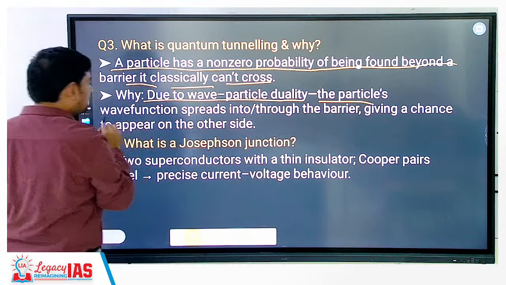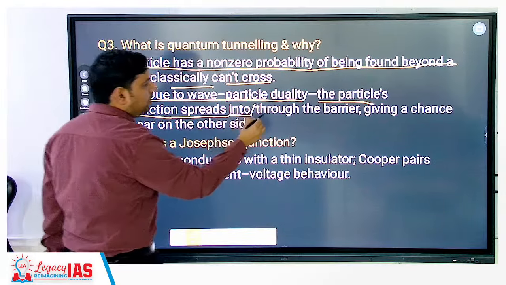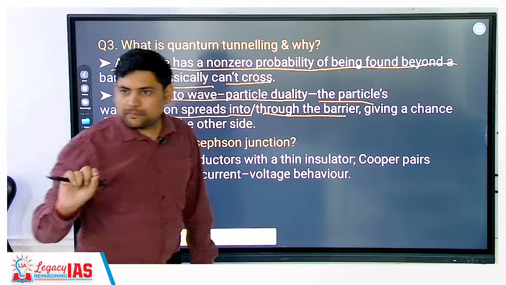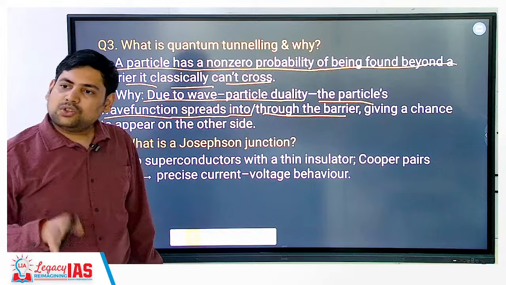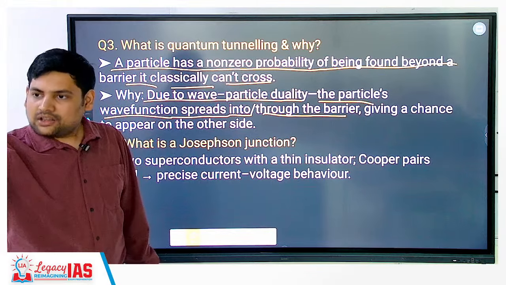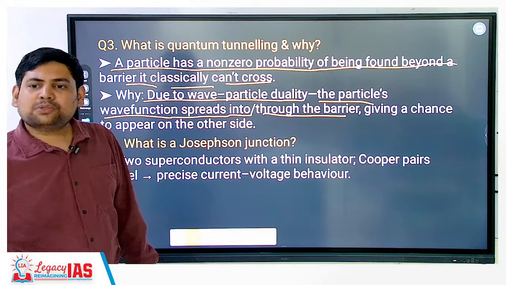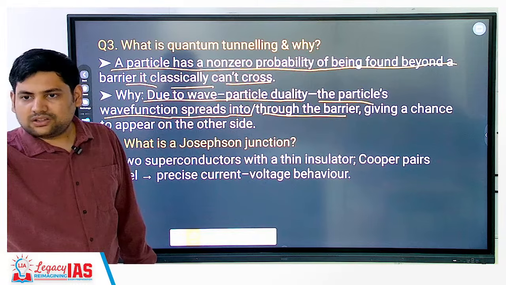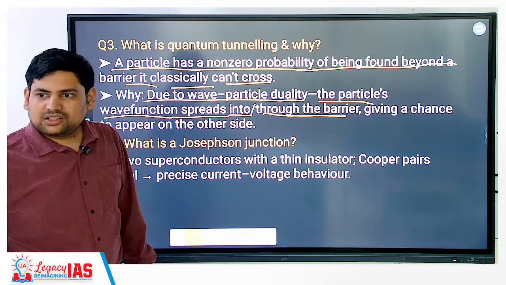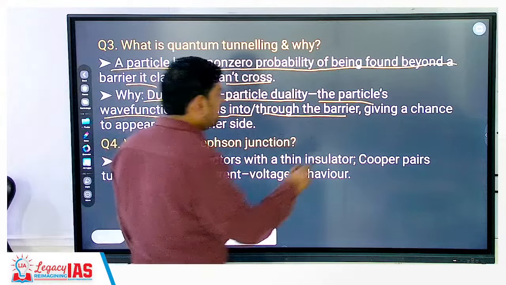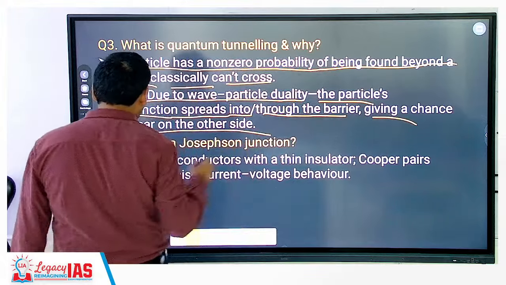The particle's wave function spreads into or through the barrier. The particle cannot go, but the wave function is not stopped by any barrier, so there is some probability, though not the most probable, of it appearing on the other side.